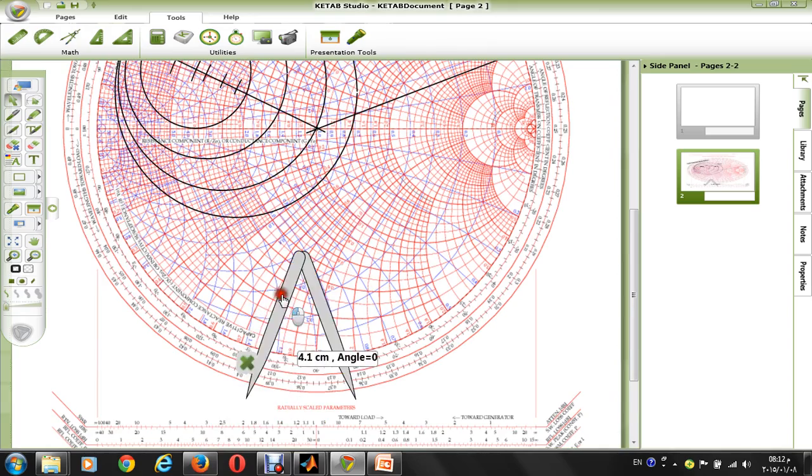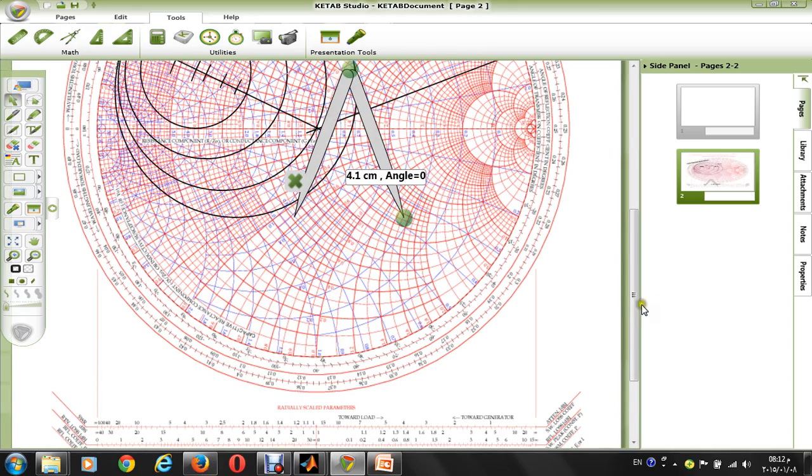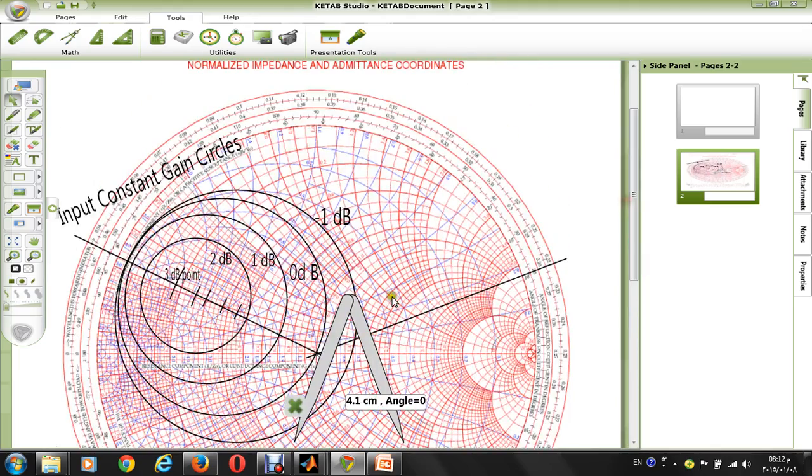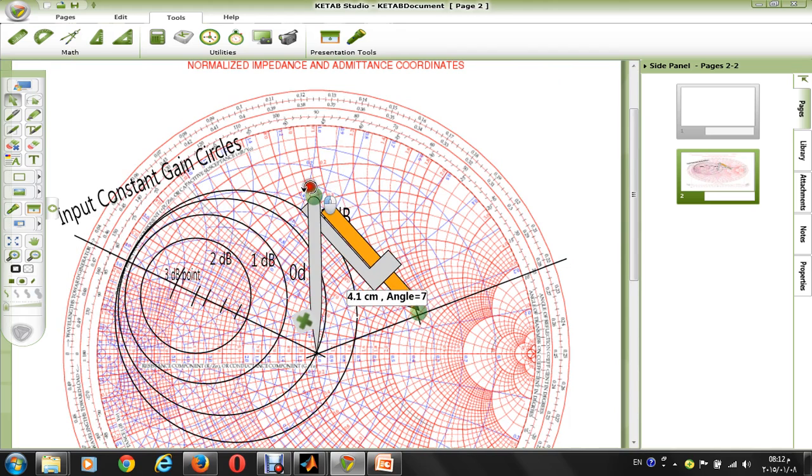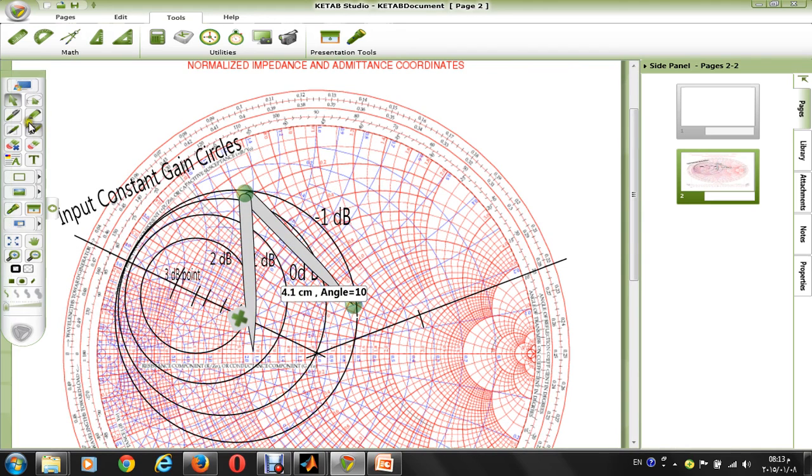I take the compass another time, but now for the gain of the output or the load. I need the pen, I don't need it right now. Here, okay, here's the pencil, and here is the point. Now I take a pen and mark it.